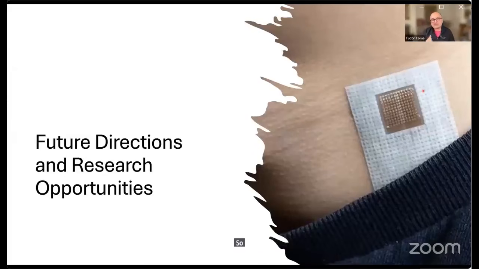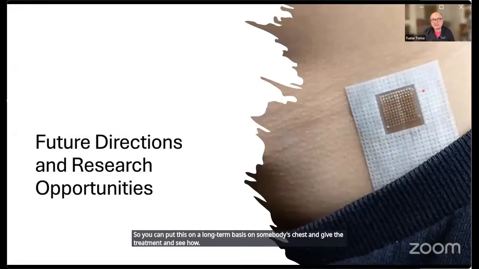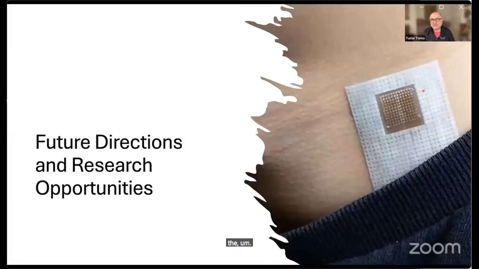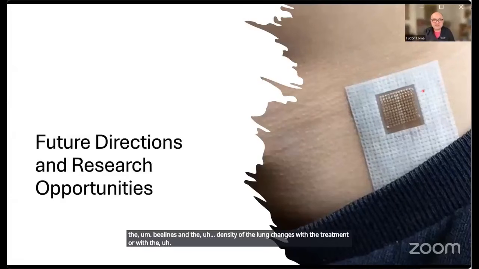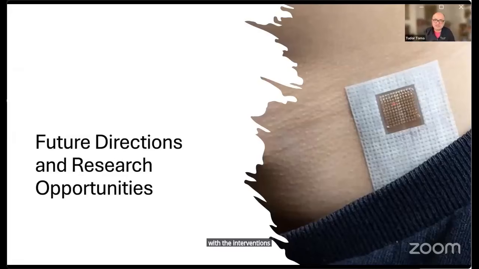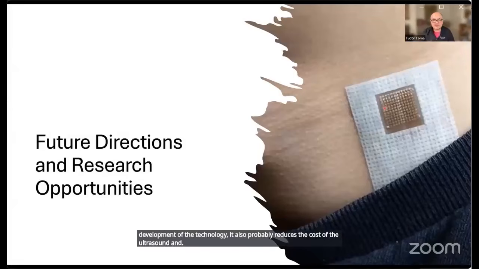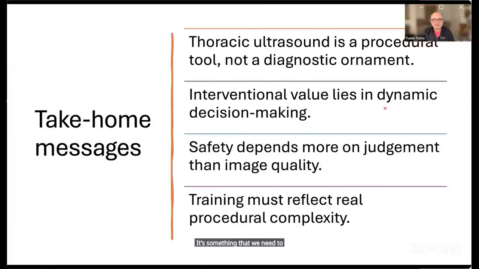So you can put this on a long-term basis on somebody's chest and give the treatment and see how the B-lines and the density of the lung change with the treatment or with the interventions. I think it's a very interesting development of the technology. It also probably reduces the cost of the ultrasound, and it's something that we need to watch out for.